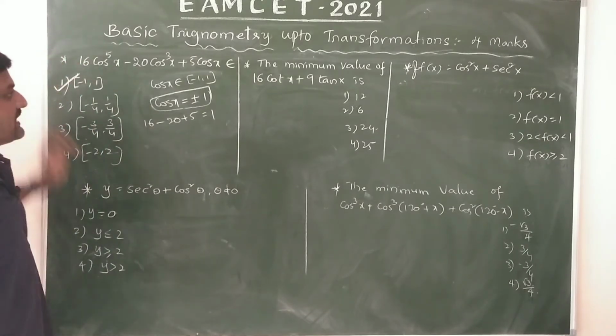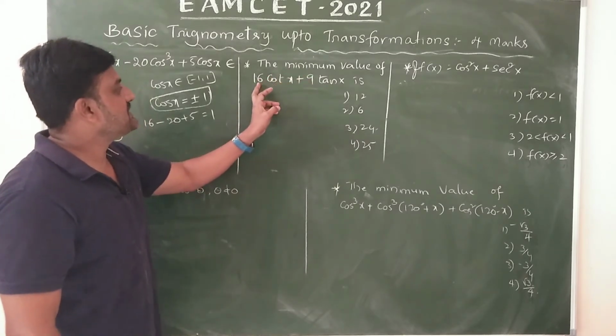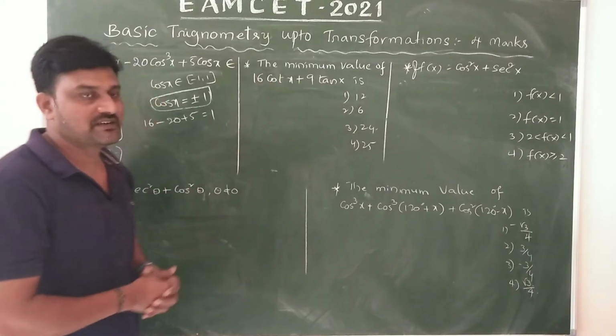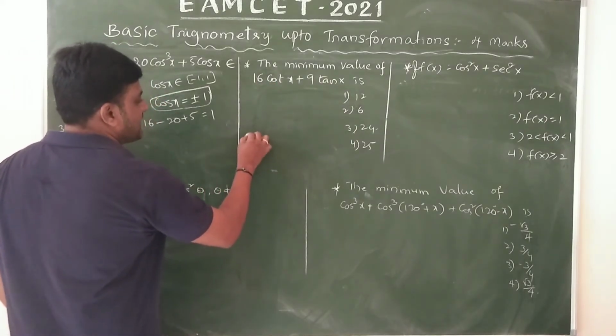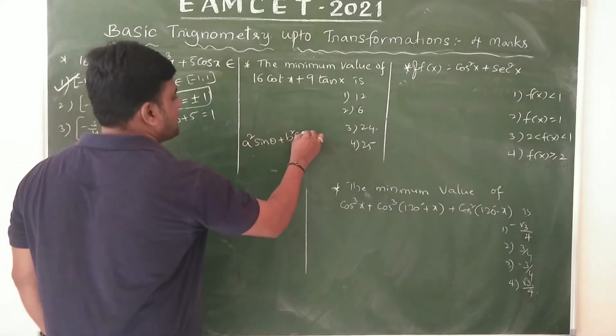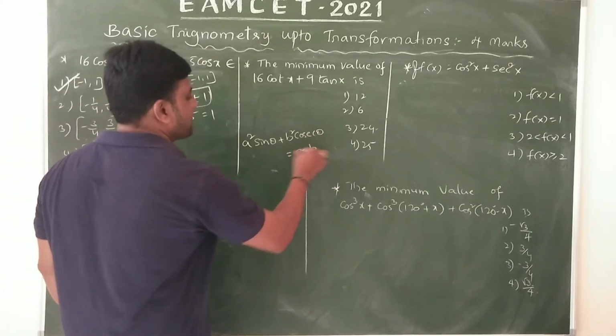Okay. Next, the minimum value of 16 cot x plus 9 tan x. Observe, these are reciprocals. For reciprocal functions we can apply this strategy: a square sin theta plus b square cosec theta, the minimum value is 2ab.